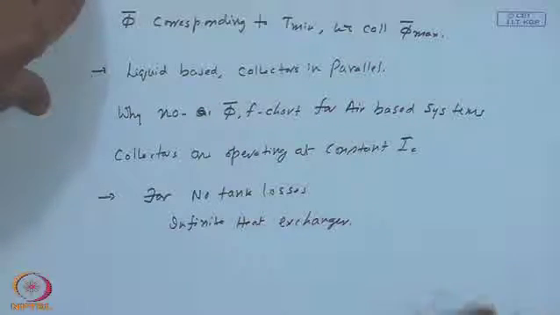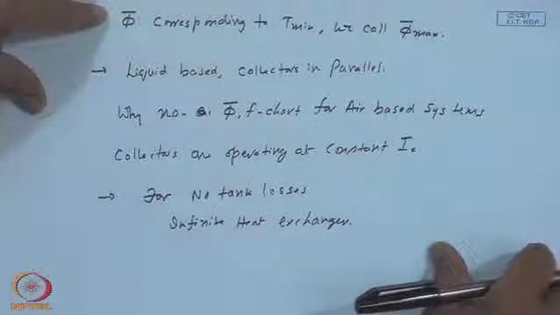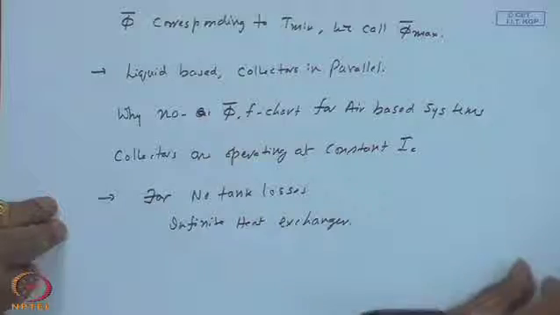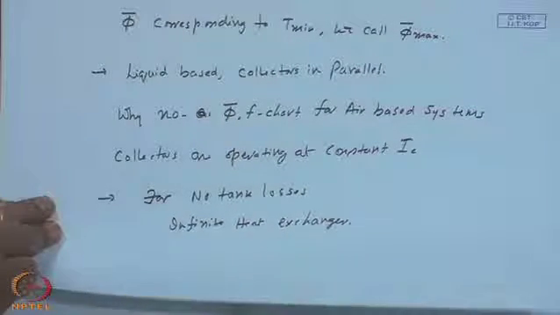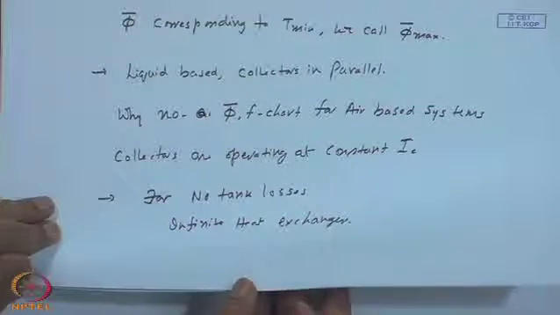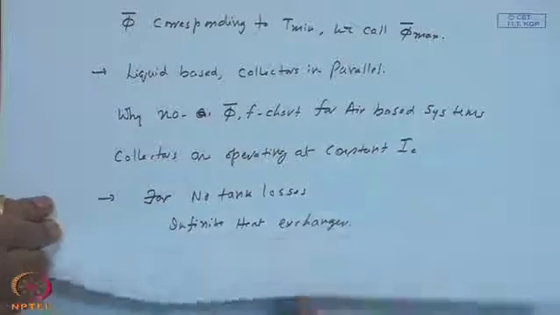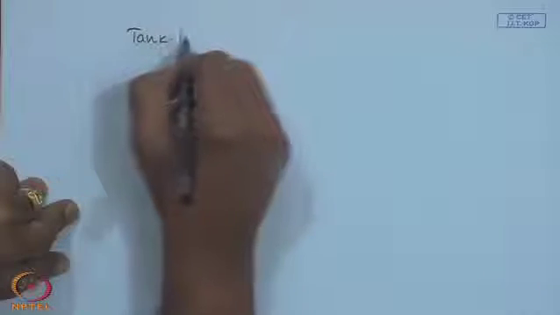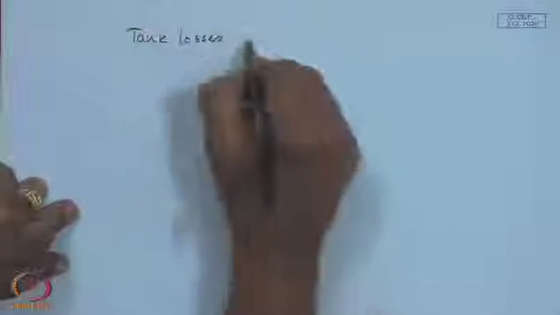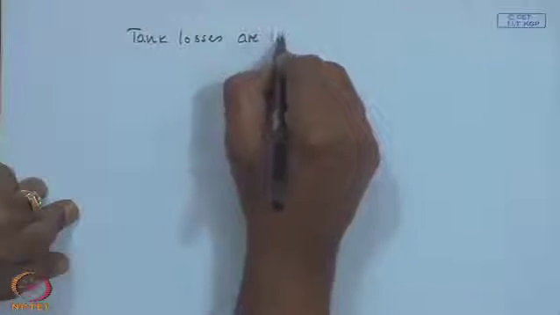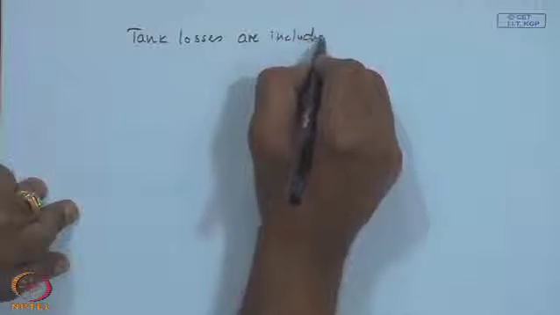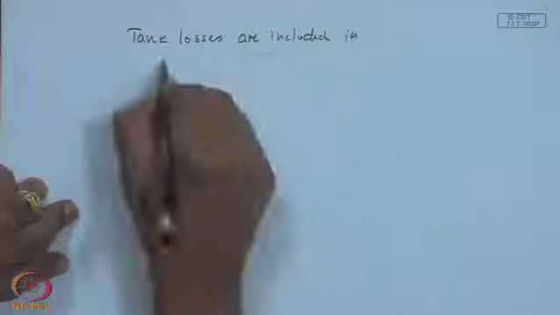So, this I think got a little more emphasis in the previous lecture as well as this lecture, whereas we underplayed this aspect in the case of F chart method. Tank losses are included in F chart correlation.